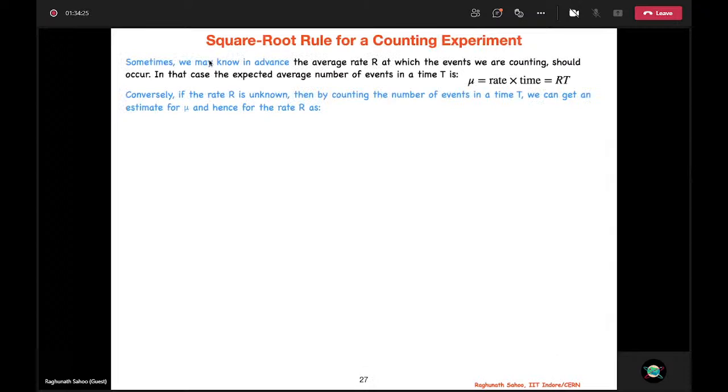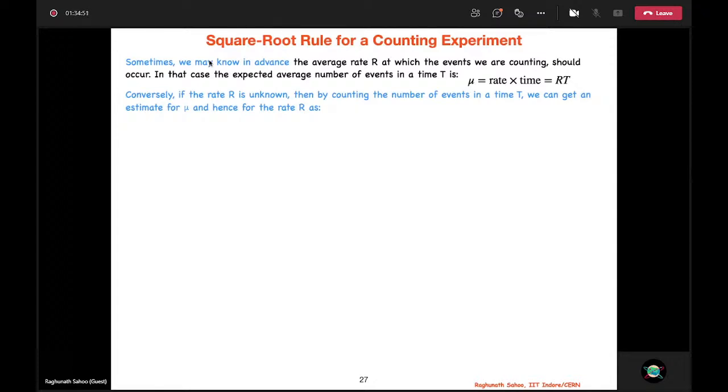Sometimes we may know in advance the rate R at which the events we are counting should occur. In that case, the expected average number of events in a time t will be mu, because the number of events is rate multiplied by time, since the rate is the number of counts divided by time.